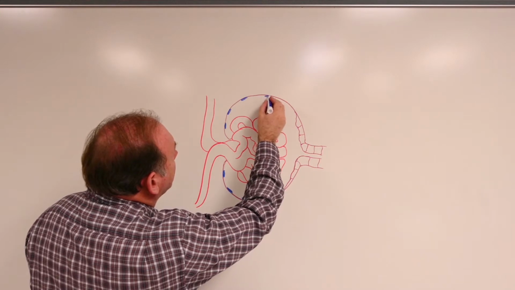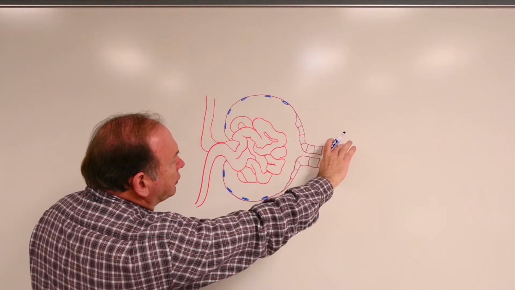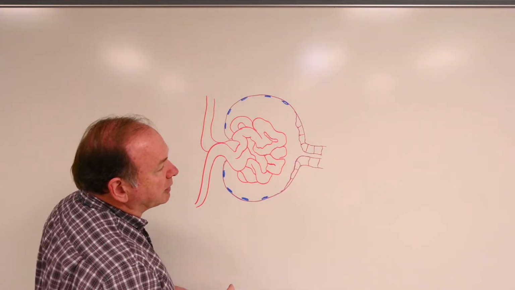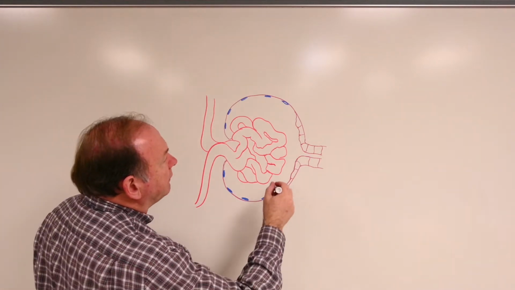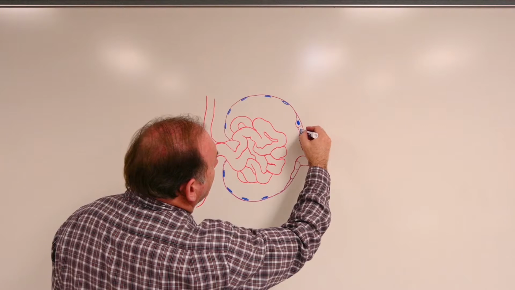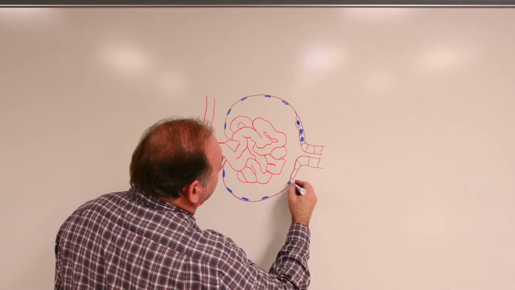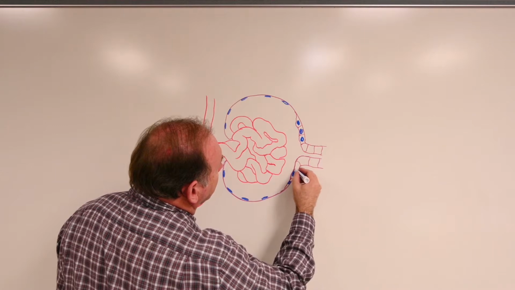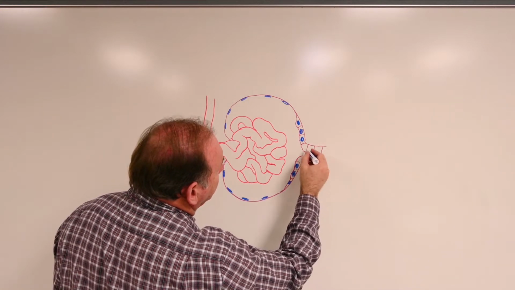So I'll draw in some nice flat nuclei. As we approach the proximal convoluted tubule, where the proximal convoluted tubule leads away from the nephron, our cells change into a nearly cuboidal and then a cuboidal epithelium that lines the proximal convoluted tubule.